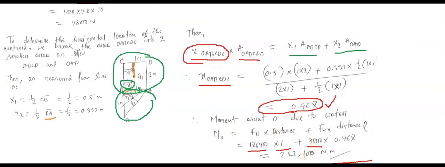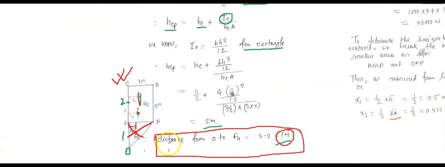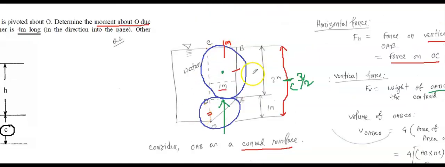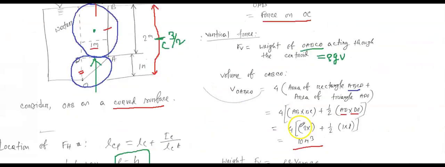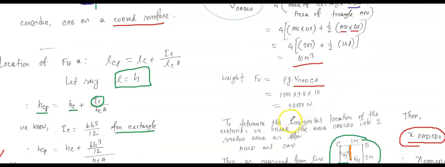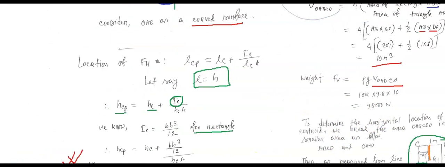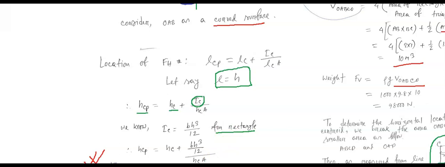So if I just quickly review what I did so far, we created a projection here like OC. With the projections, we have the rectangle and one triangle. We calculated the horizontal force and the corresponding distance, and then we calculated the vertical force.